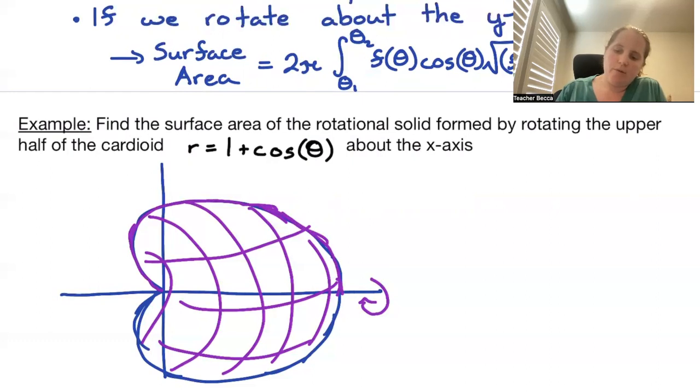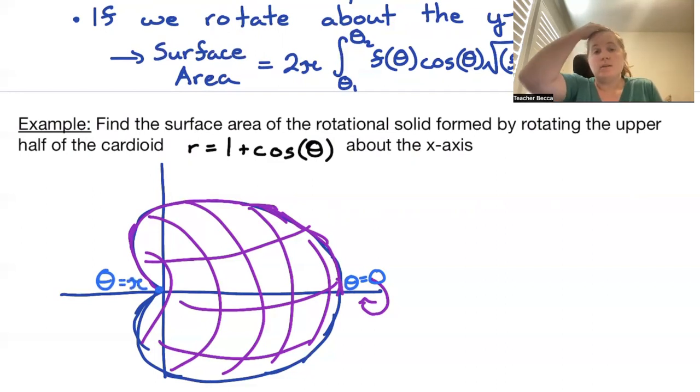So the upper half of the cardioid goes from theta equals 0 to theta equals pi. Pi is what will get us an r of 0. Okay?